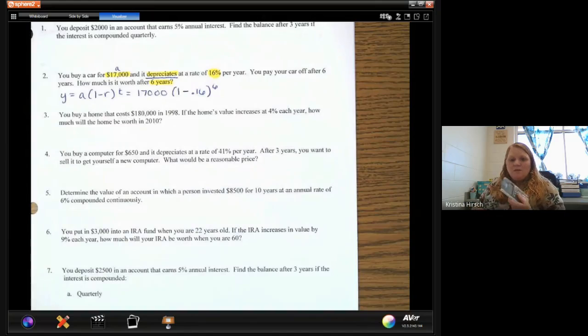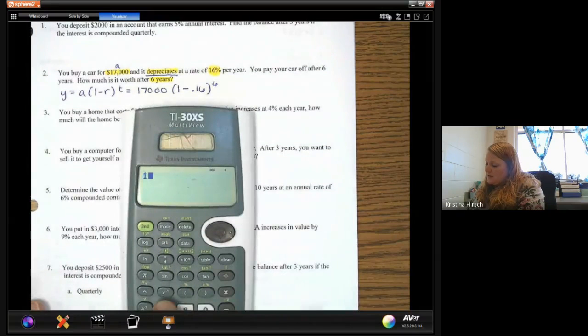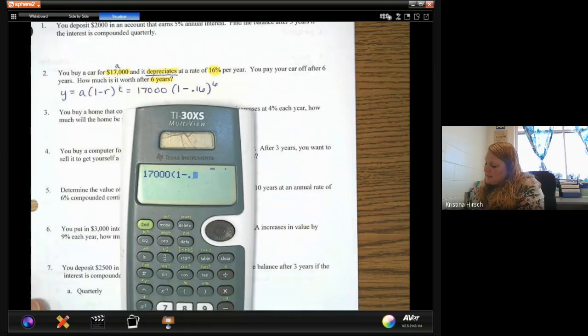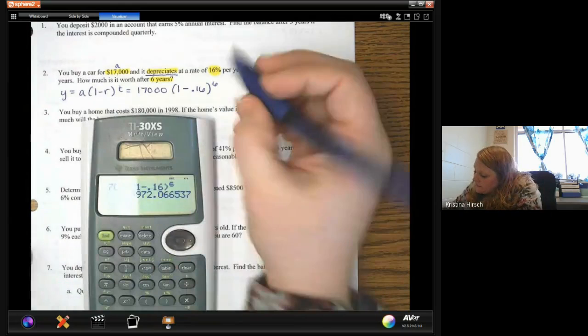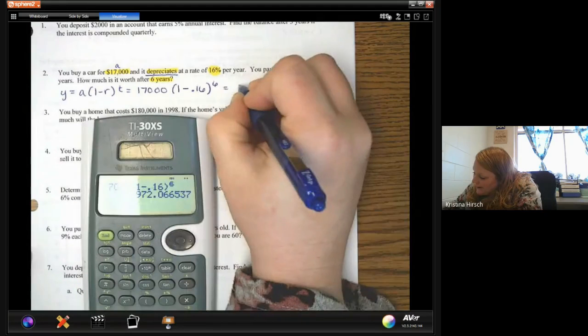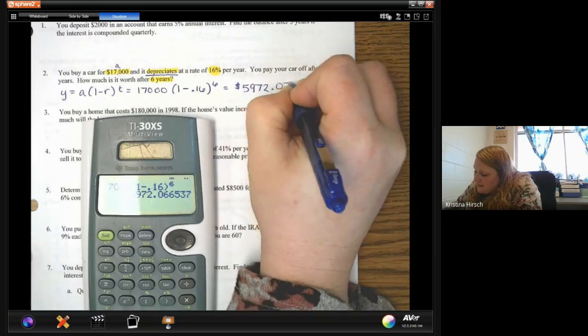You can use the percent button. If you want to use 16, you could do 16%, or you can convert it to a decimal, which is what I typically do. So in the calculator, I'm going to have 17,000 times 1 minus 0.16 to the 6th power. So this car, I could sell it maybe for $5,972.07.